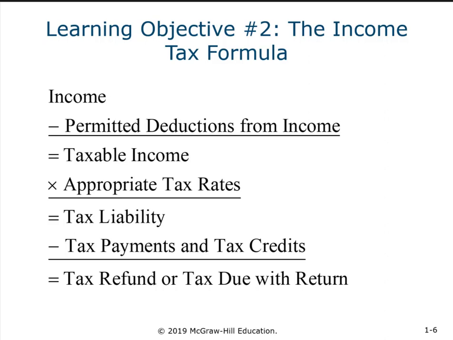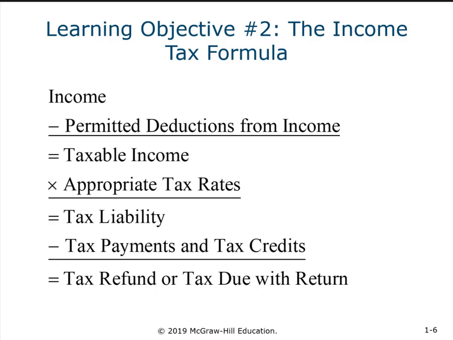Later, like in chapter 5, we will learn, and chapter 4, we'll learn about other things that can be subtracted to get your taxable income. But right now, we're just going to start real simple, and we're going to have one standard deduction. It will vary based on filing status, which is a term we'll learn next week in chapter 2. Equals our taxable income. Straightforward.